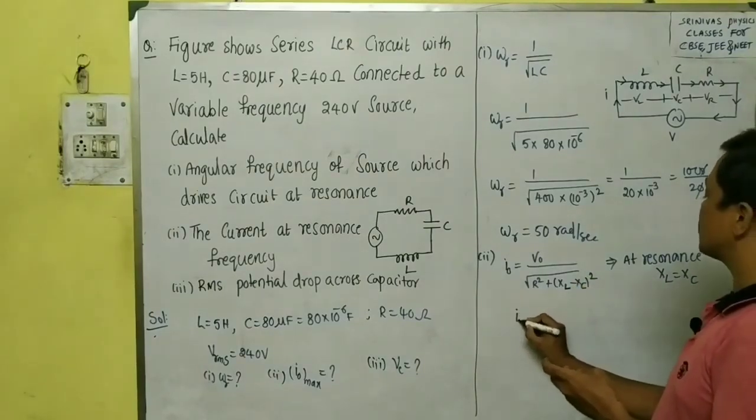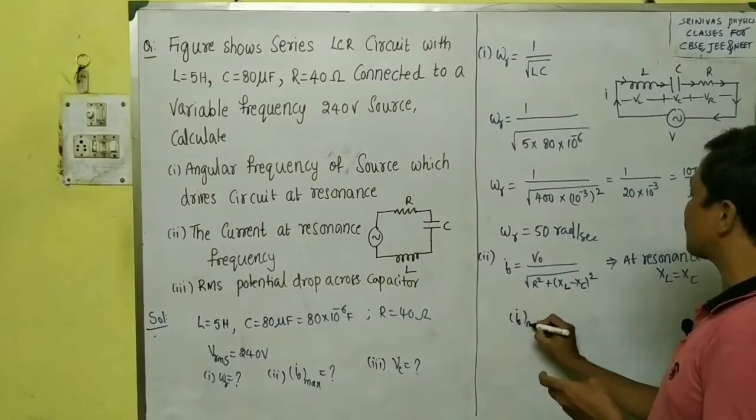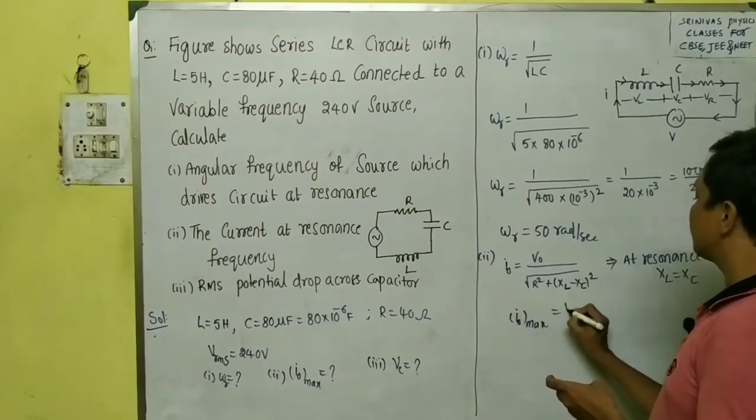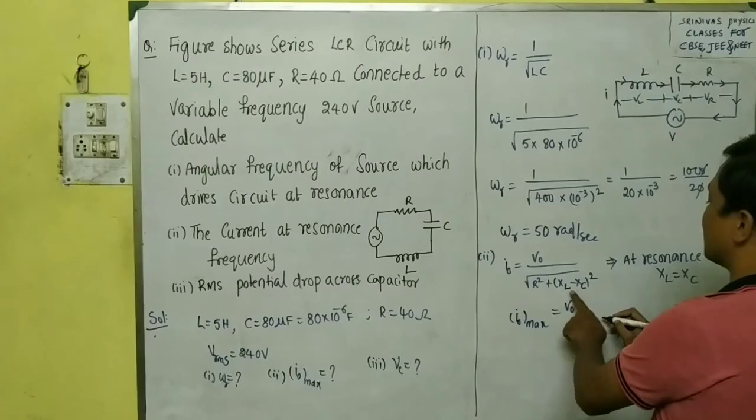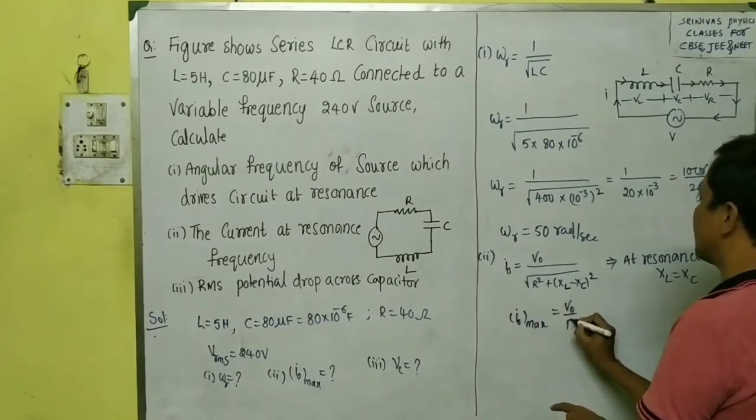Then I naught max we get as V naught by R.